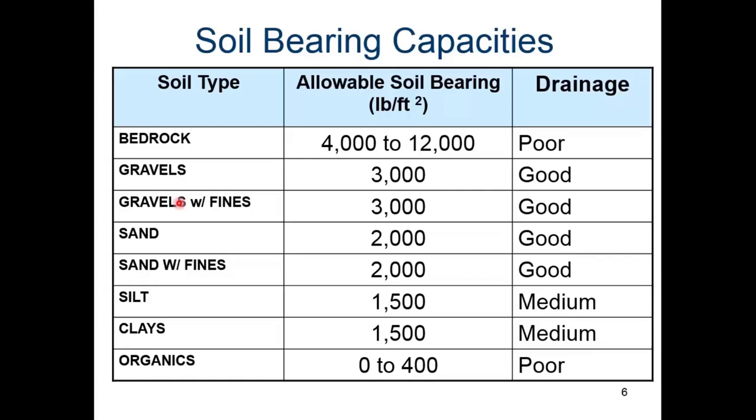If you look on the far right hand side, it says some acronyms like ML, CL, MH, and then if you look on the first page, you can tell what type of soil that is, either a bedrock or gravel or sand, and then that tells you this number. That's really important. So you'll need to have this number to do this activity.